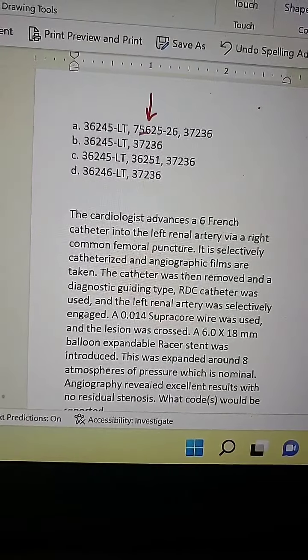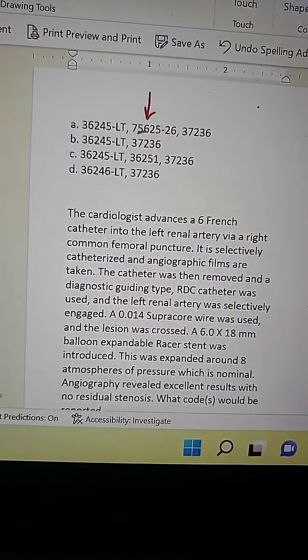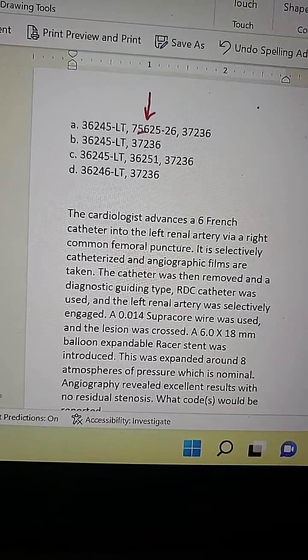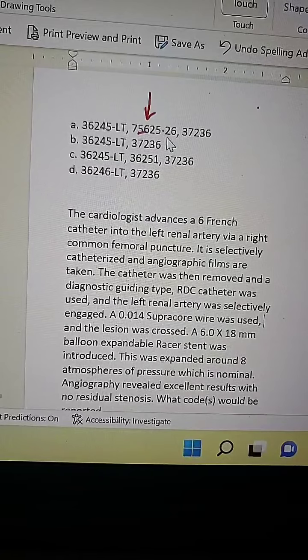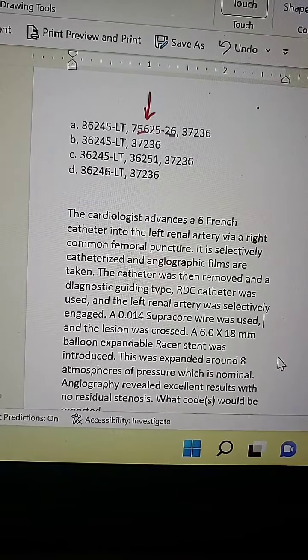There we go. Some are saying A, some are saying C. We're going to do a radiology with a technical component for this one. So what did we do? We did a catheter. We did it percutaneously. We did a graphic, some films, right?